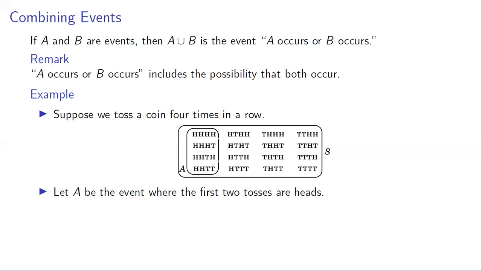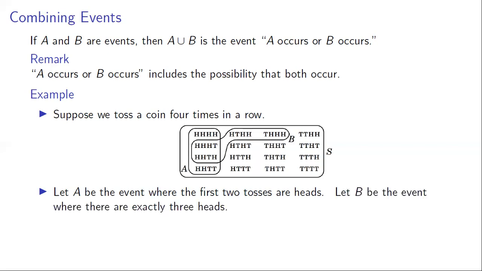Now let's introduce a second event into the picture. Let B be the event where there are exactly 3 heads. If we take a look here, the area that's circled by B is the place where there are exactly 3 heads. This has exactly 3 heads, exactly 3 heads, exactly 3 heads, and exactly 3 heads.